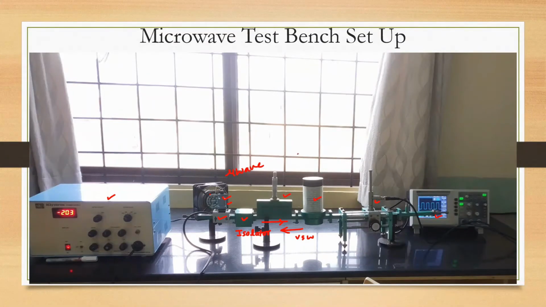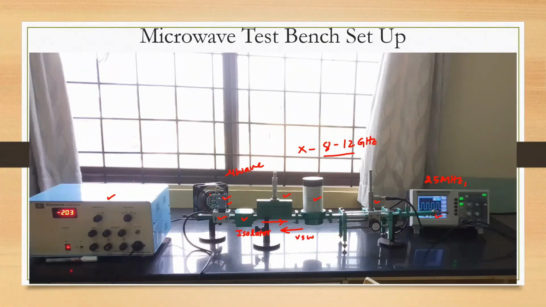Why? We are generating a frequency in the X band, which is between 8 to 12 gigahertz, but our CROs will be rated at 25 megahertz, or sometimes 20 or 30 megahertz. So they can measure only frequencies up to this value. To measure this value, either we need spectrum analyzers with high precision, or we can use some other indirect methods.